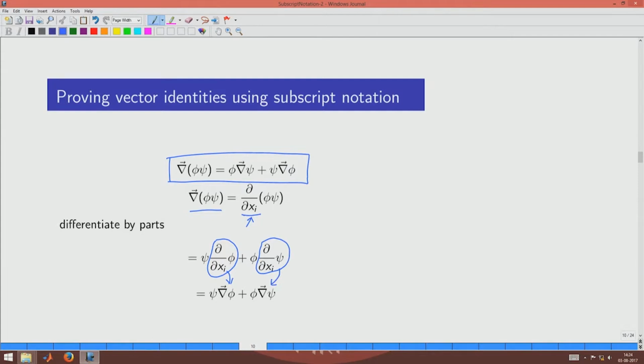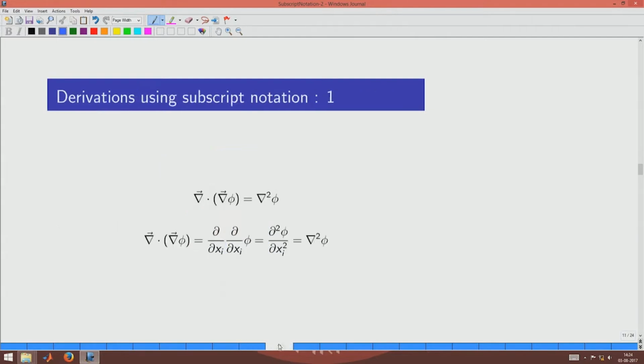So, we can see that in one step we can actually derive this. Of course, there is not much complication in this kind of a derivation, but you can see that the subscript notation can be used to reduce the algebra. If you were to prove this by using different components of the nabla operator, then the algebra would be a lot more. Okay. So, let us talk with some more operators that will come in as we go along.